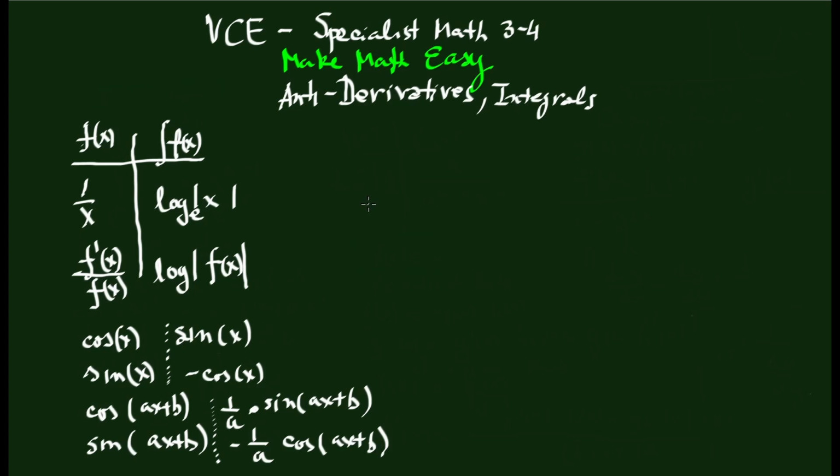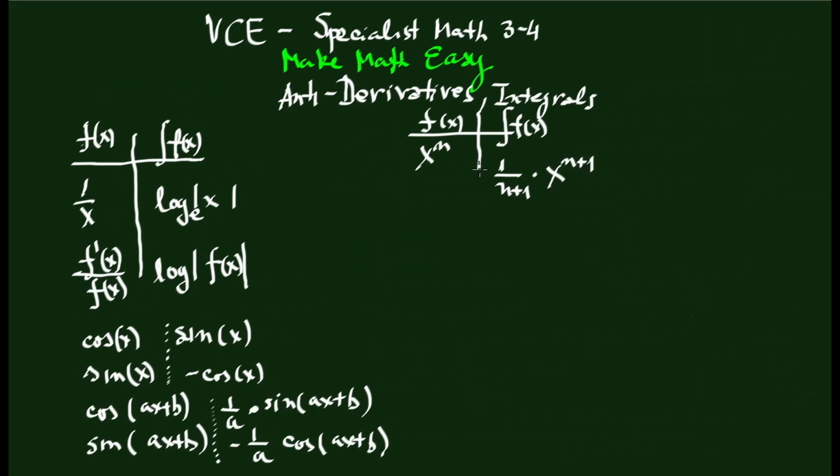So maybe we can do a bit more there. Say the basic one would be x to the power n, that's f of x in this column, and here the integral of f of x would be 1 over n plus 1 times x to the n plus 1.